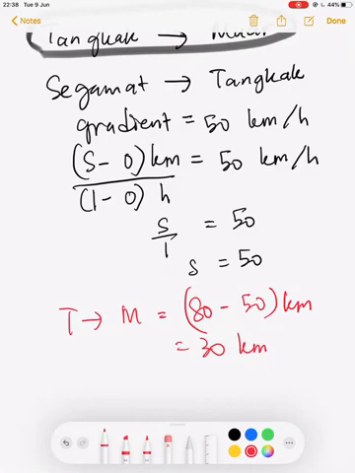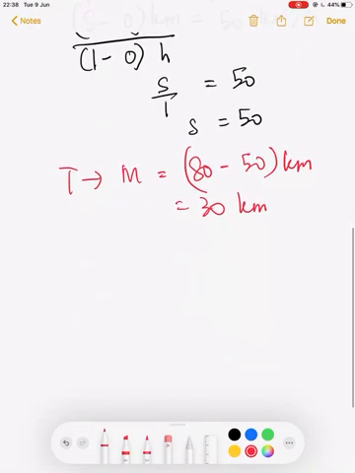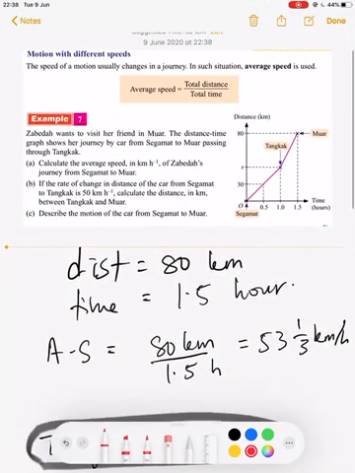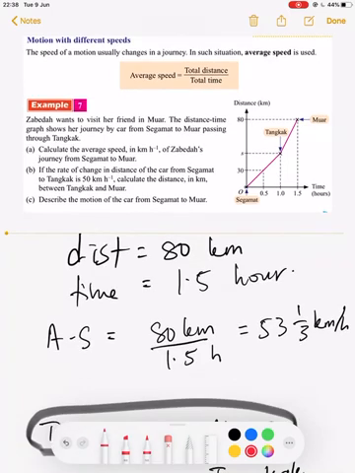Okay, describe the motion of the car from Segamat to Muar. Okay, question C. Motion from Segamat to Muar, the average speed is 53 1/3 km per hour.